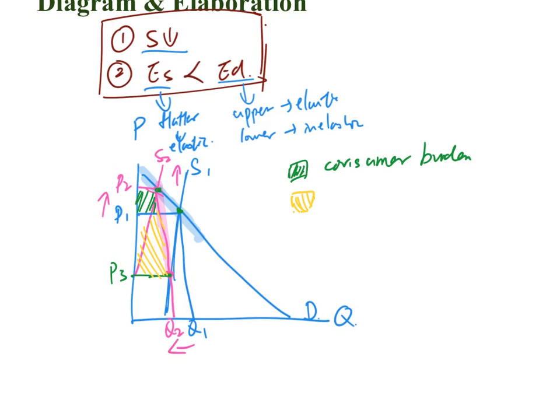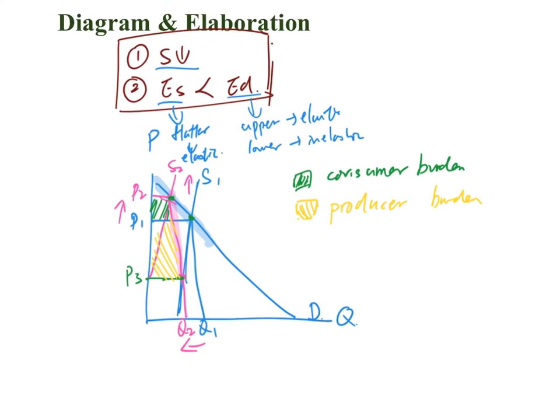The yellow one, because that is the rest, is the producer burden. Then we have to double check. In the question the producer has a greater burden, and the diagram shows it, so we make it right. If you find that it's opposite, just change the supply curve into a flatter version, draw again, and you'll find the answer. Then that's the diagram. Very easy.